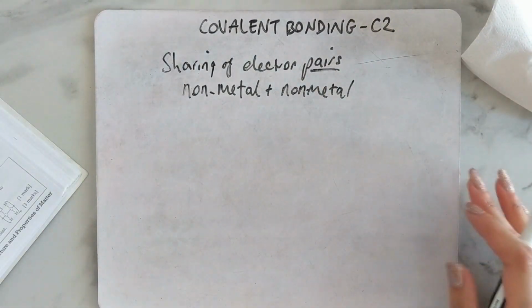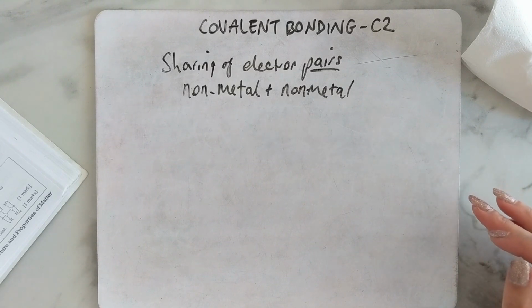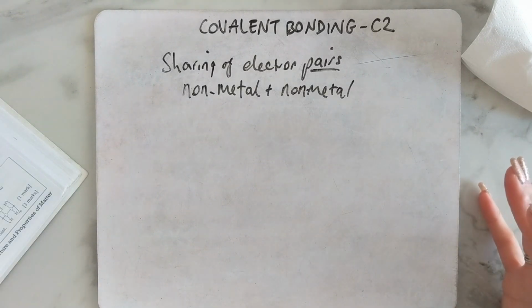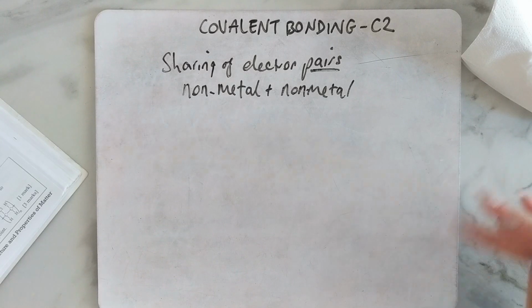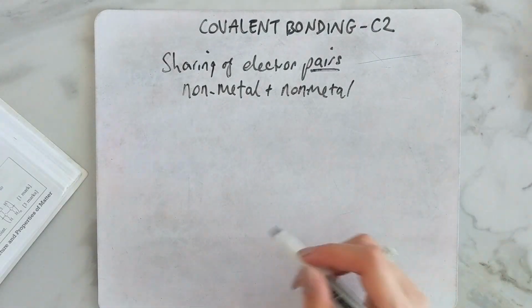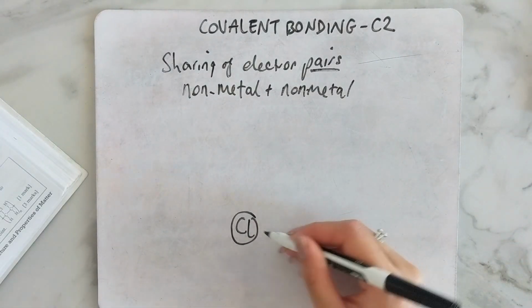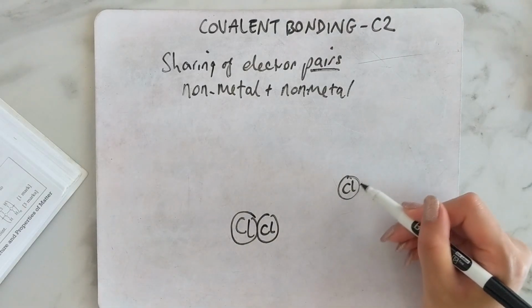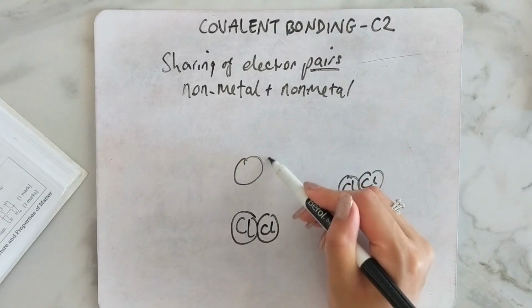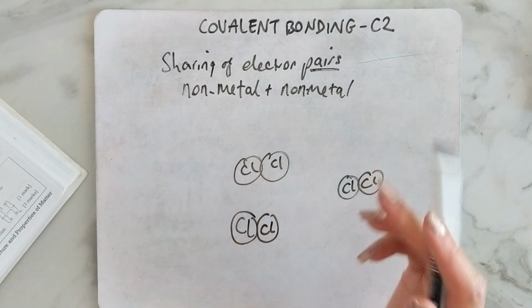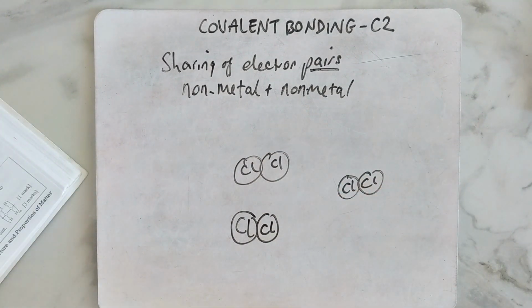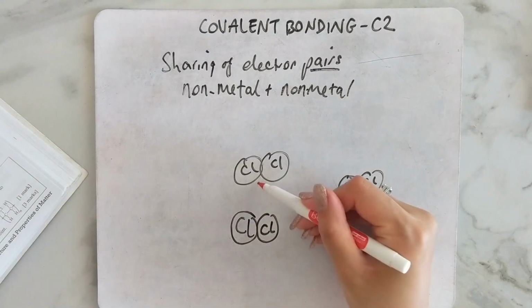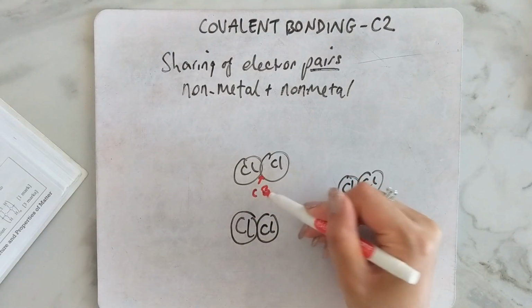So covalent bonding happens in molecules. Let me just show you. There's chlorine and chlorine. They covalently bond. So my covalent bond is here. Covalent bond.